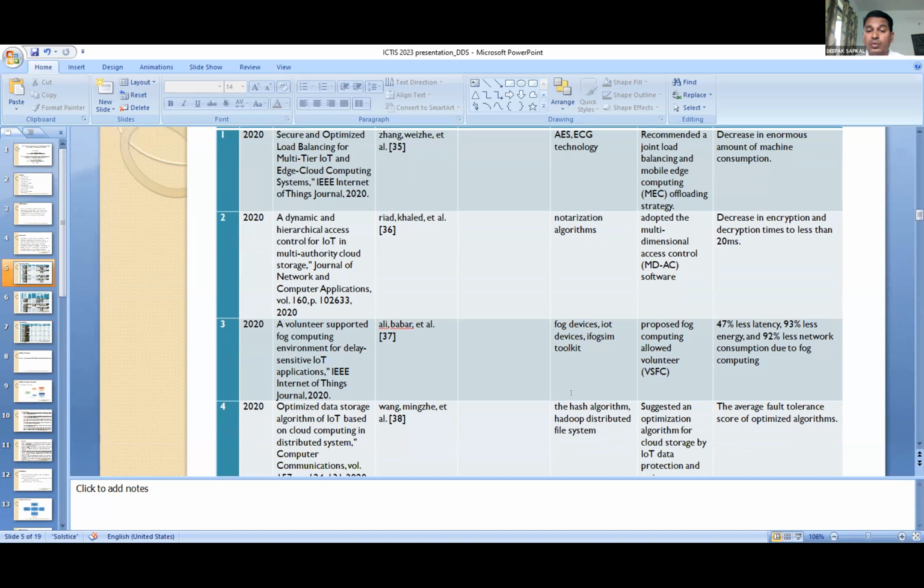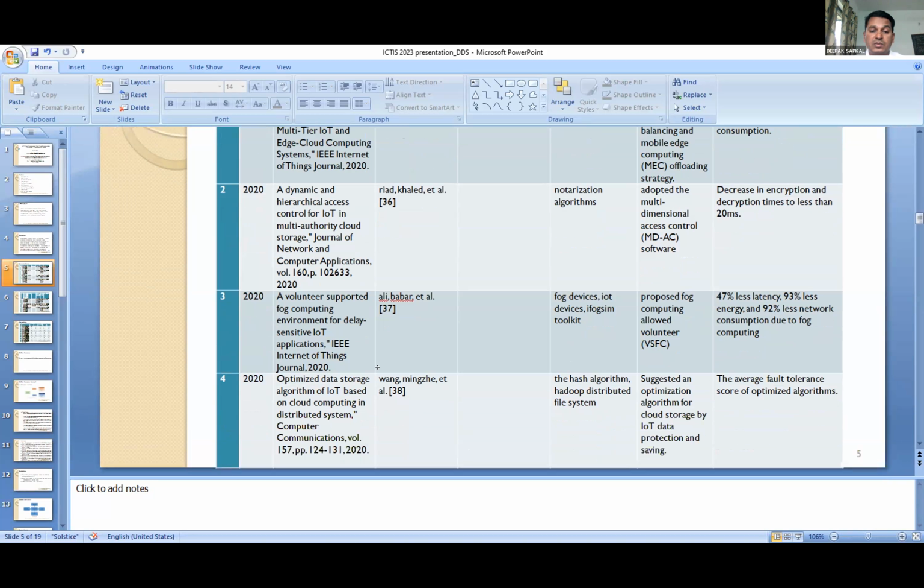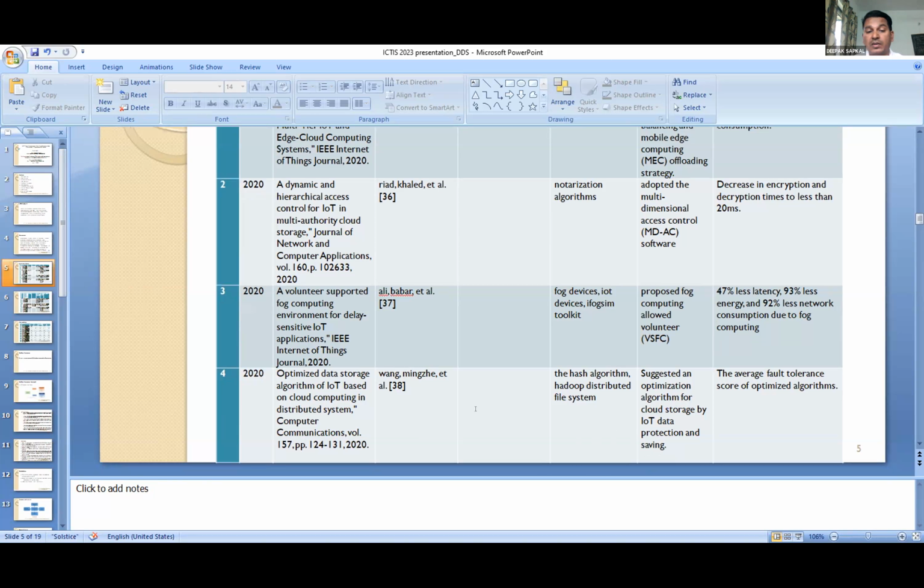The next paper, optimized data storage algorithm of IoT-based cloud computing using the hash algorithm and Hadoop distributed system, deals with the vast variety of data and storing it effectively, maybe through encryption or a particular format.